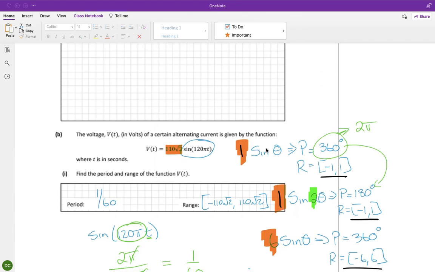I'm going to go 110 root 2 sine 120 shift pi alpha x. Skip over g of x. I'm going to start at 0 and then I'm going to end at 1/60. Okay, that seems to be working.